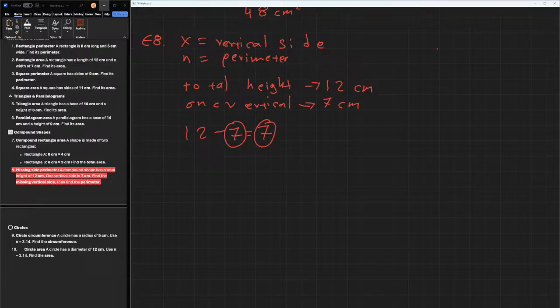So if we are talking about a height like this, it's 12 centimeter, and one vertical side.